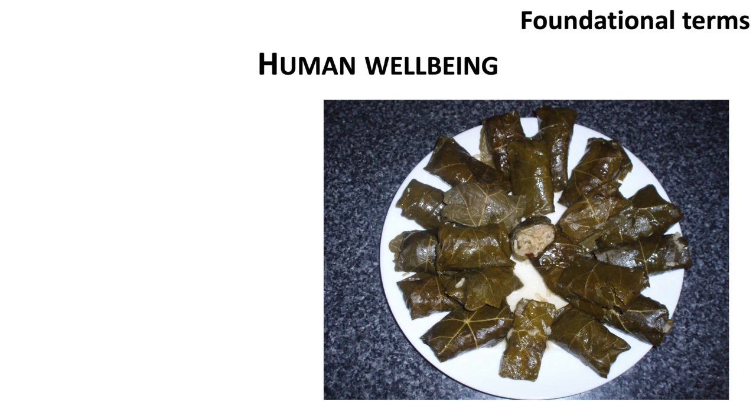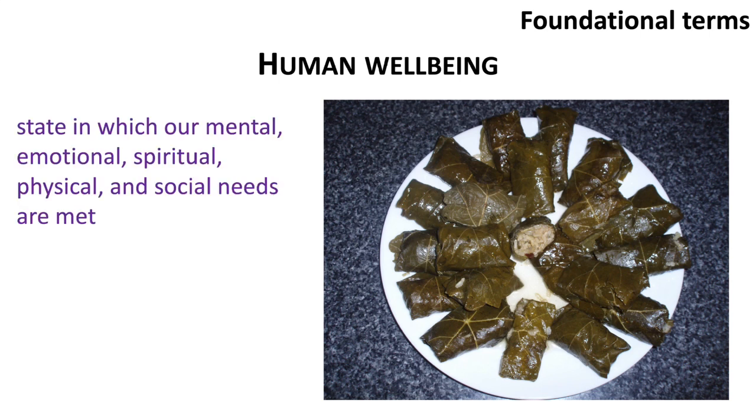The third foundational term is human well-being. By human well-being, I'm referring to the state in which our mental, emotional, spiritual, physical, and social needs are met. And I mean this to the level of thriving, not just of surviving.